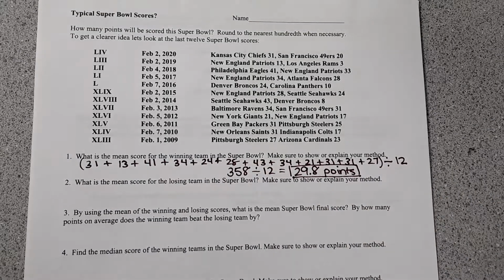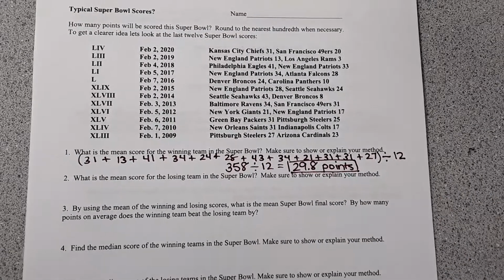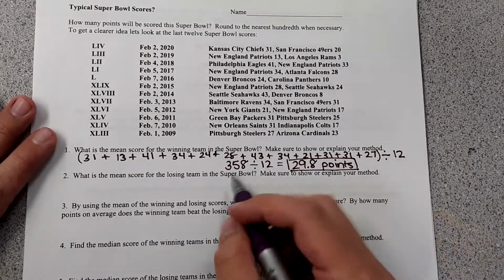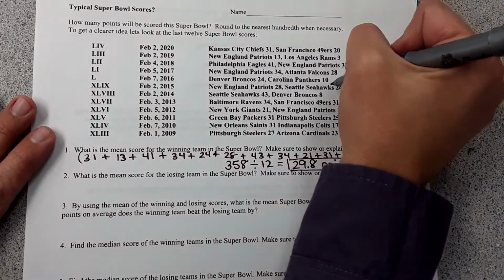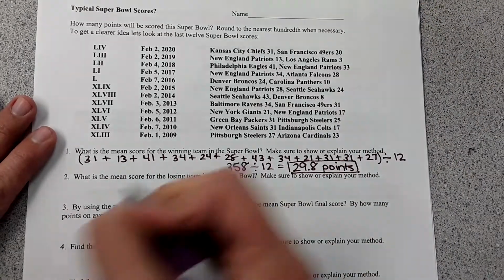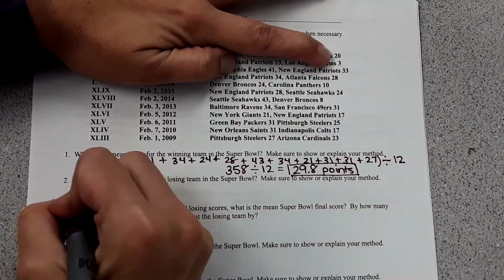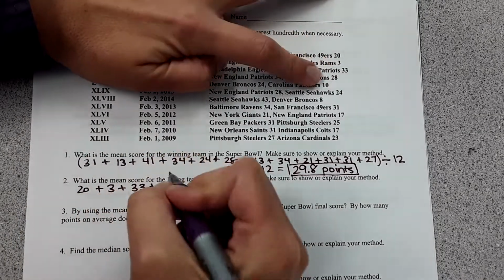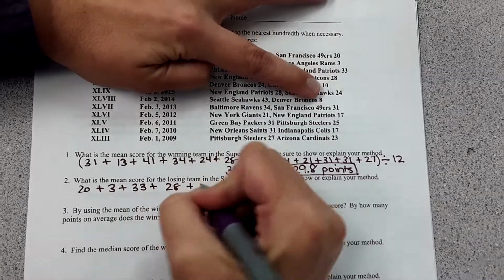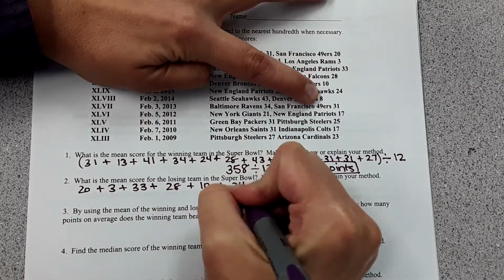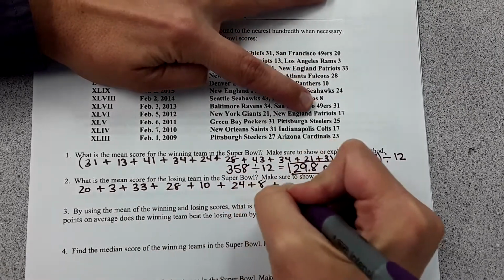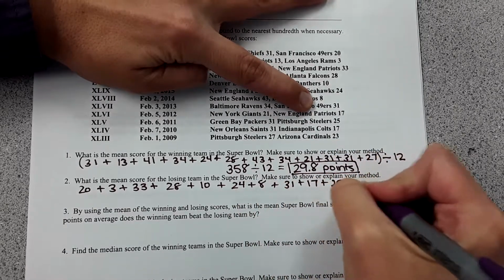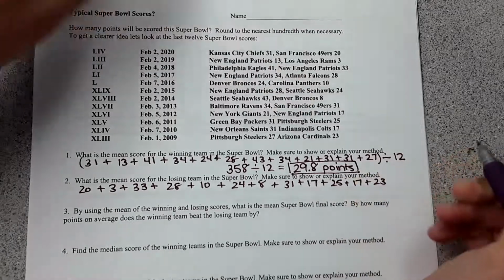Okay. The next question says, what is the mean score for the losing team in the Super Bowl? Same process, we're going to take all the losing scores and add them up. Okay, all the numbers there.